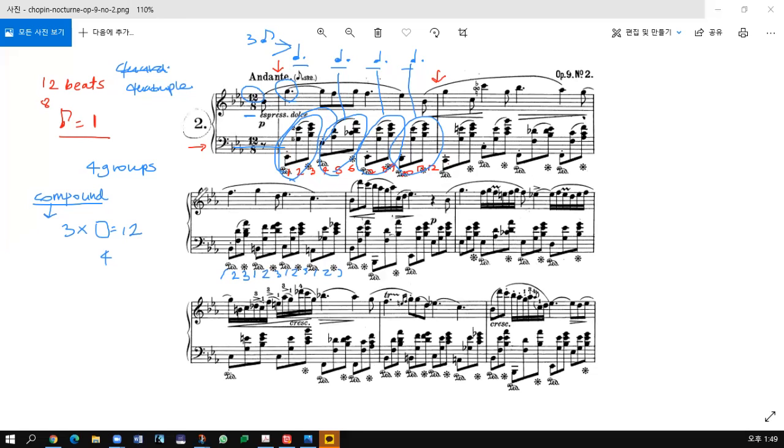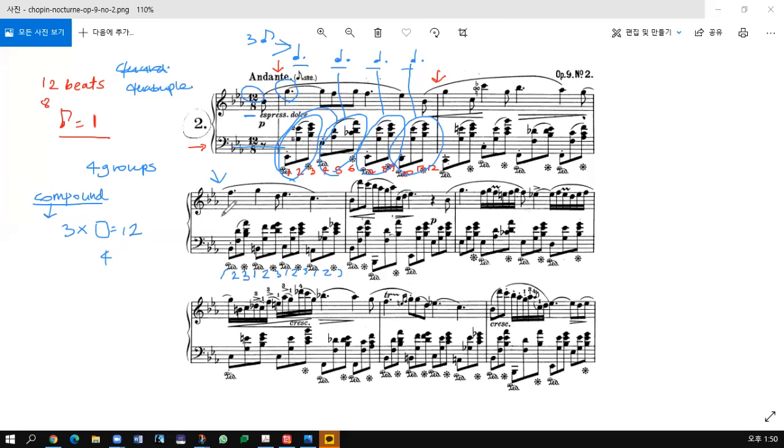Okay, so let's look at the third measure right here. When you play with your left hand, like 1, 2, 3, 4 groups, right?